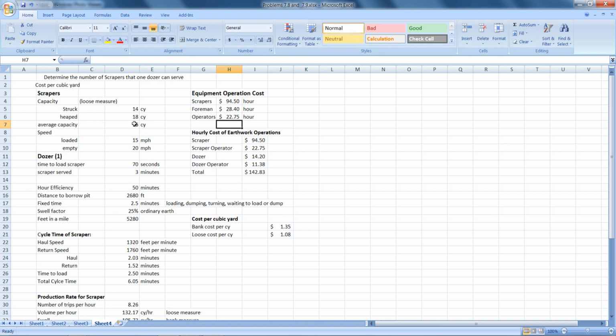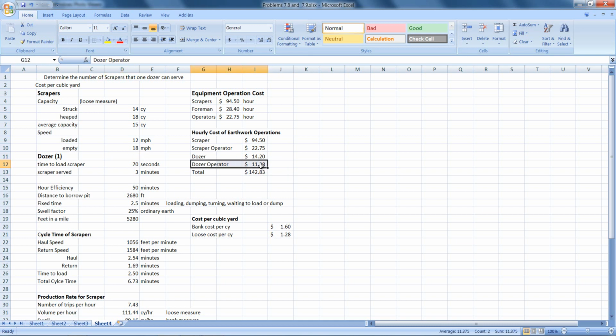So then what else are we going to change here? Average capacity here was 15 cubic yards, and then they said that they loaded one traveled at 12 miles per hour and empty at 18 miles per hour. We have our scraper operator.